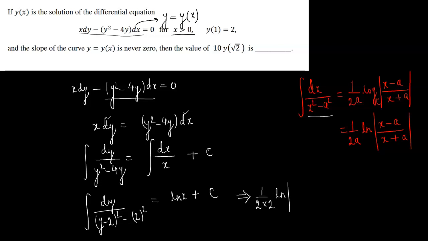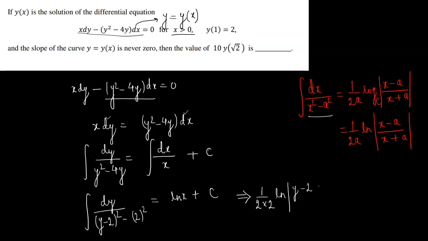ln of (y minus 2). Since we have supposed t to be y minus 2, here we will also use y minus 2, not just y.